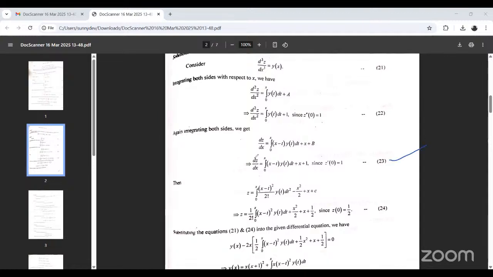Again we have to do the integration, so that becomes the integral of x minus t whole square by 2 factorial into y of t dt plus x square by 2, since the integration of x is x square by 2, and the integration of 1 is x, plus one constant c. Again, they gave z of 0 equal to 1 by 2, so then we get z equal to 1 by 2 factorial times the integral from 0 to x of x minus t whole square and y of t.